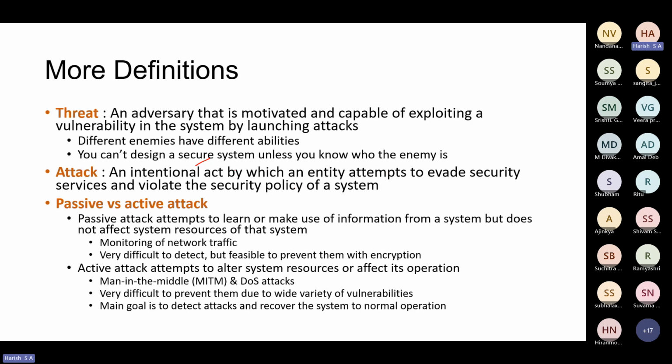An attack is an action. A threat is not yet an attack. A threat is someone who can attack. A particular threat exists, but a threat could always manifest in the form of an attack.